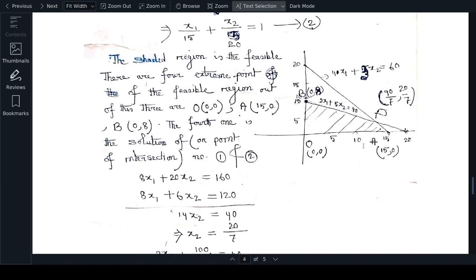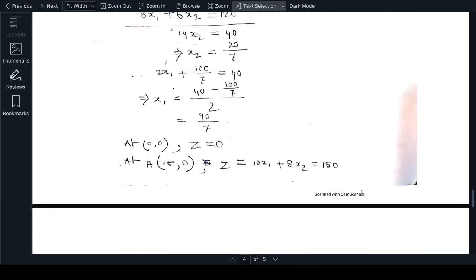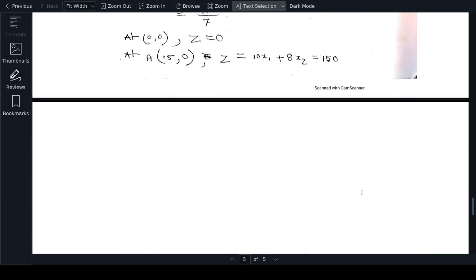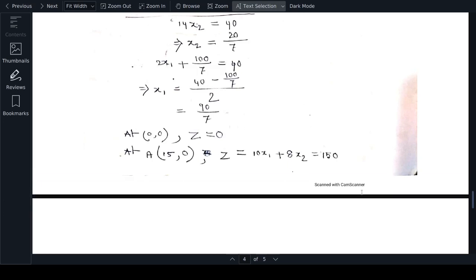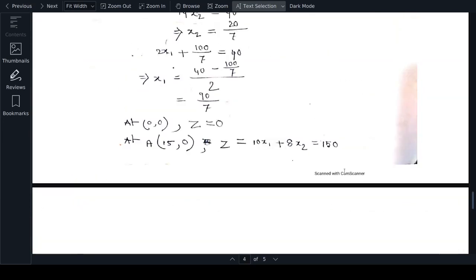Our aim is to find the value of Z at origin, at A point, at P point, and at B point. Our problem is maximum value, so you consider the maximum one.